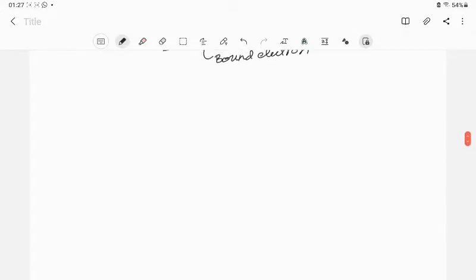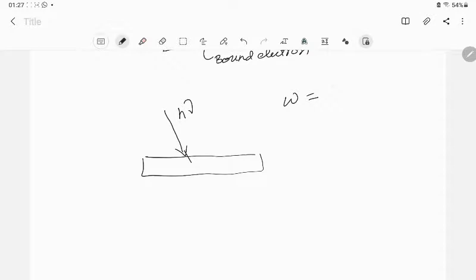So this means, first a photon of energy h nu is incident on the metal. The work function omega is h nu naught. So nu naught must be less than nu.